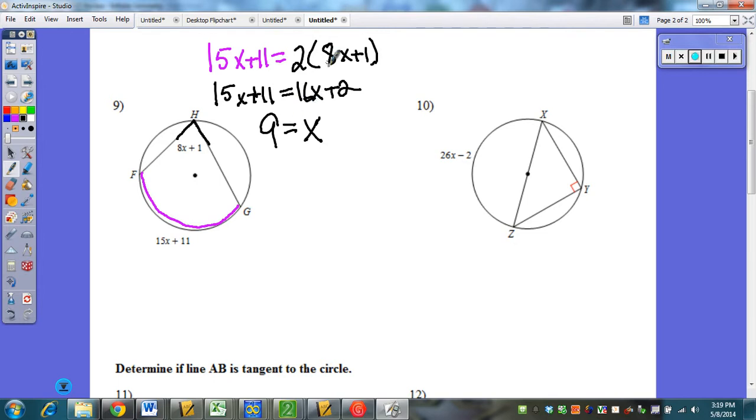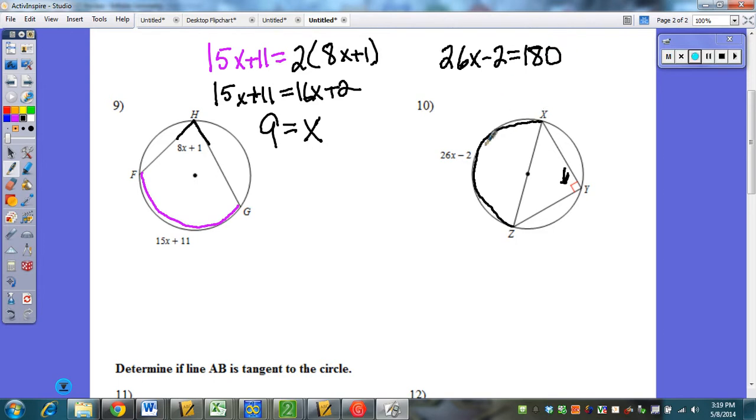Okay. For number 10, again, we know this angle right here. This is of course 90. We know the arc that it intercepts. But this arc is equal to 180. So we can say 26x minus 2 equals 180.